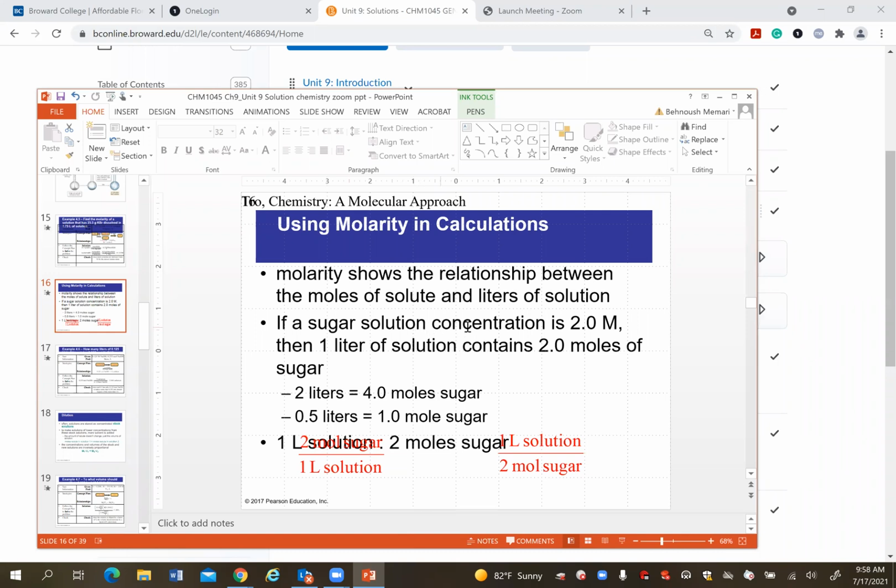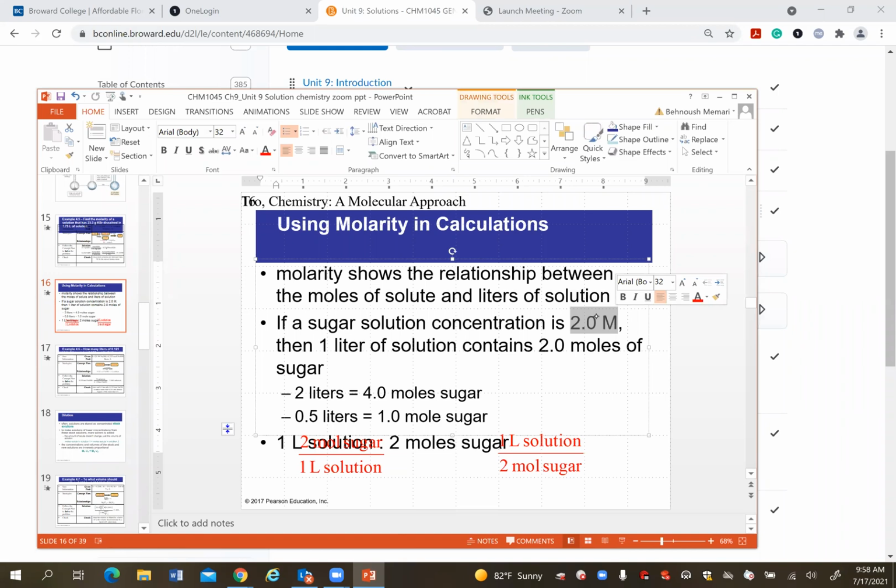So if the sugar solution concentration is 2 molar, what does it mean? It means if you have 1 liter solution, it would be 2 moles. Half a liter solution would be 1 mole. 2 liter solution would be 4 moles. So molarity just shows the ratio and the relationship.